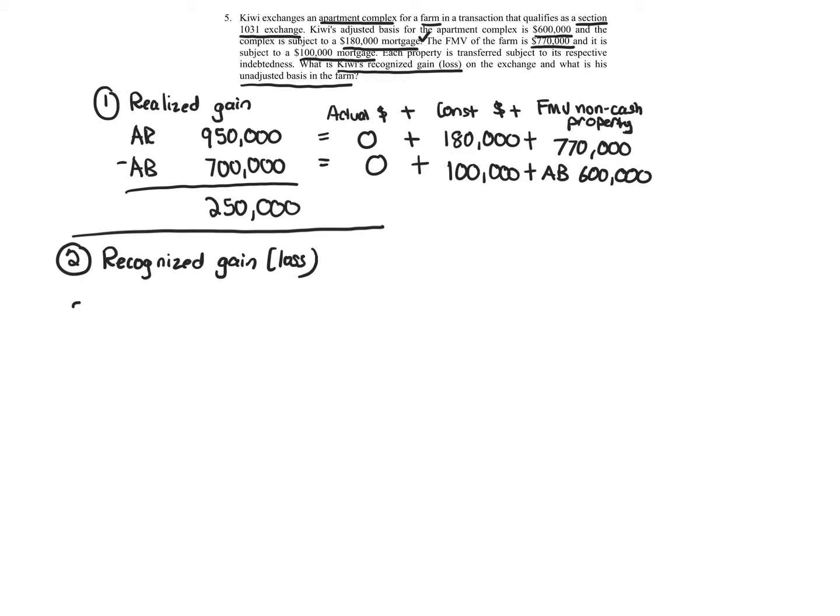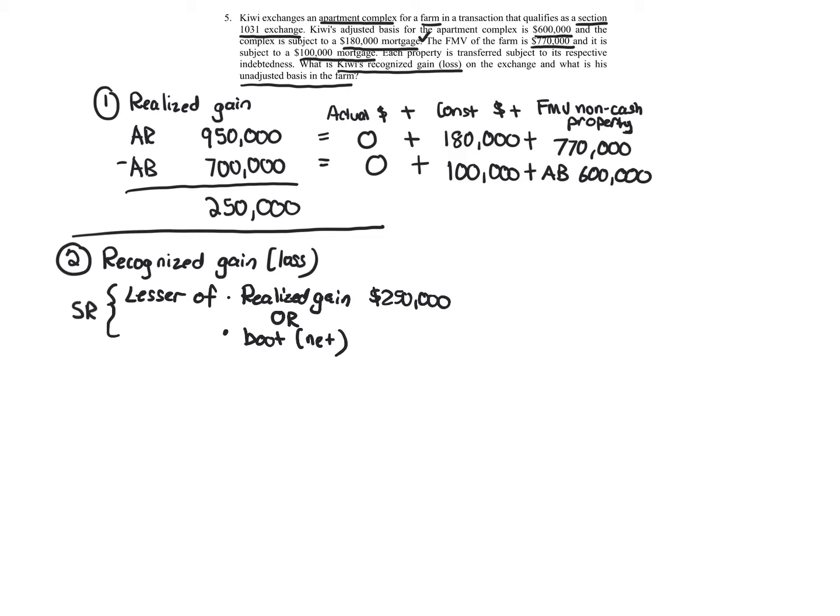So the special rule applies. The special rule says it's the lesser of realized gain, which we just calculated as $250,000, or boot, which is specifically the net boot.